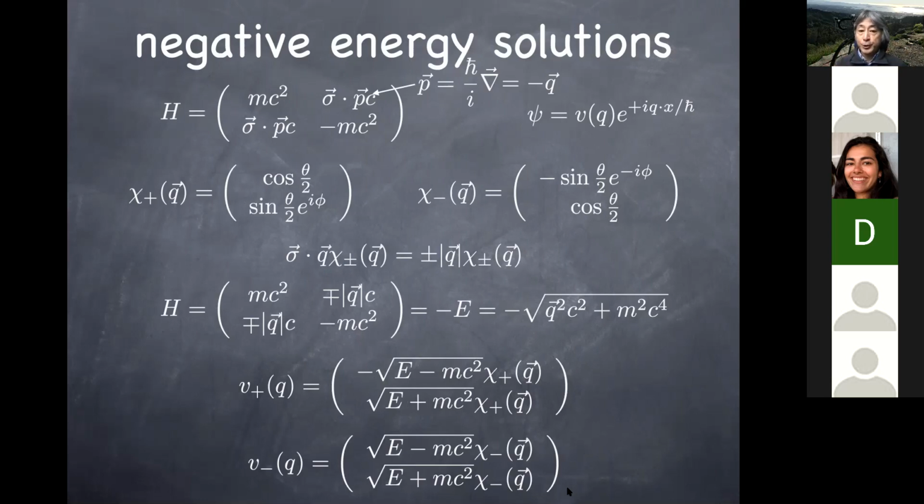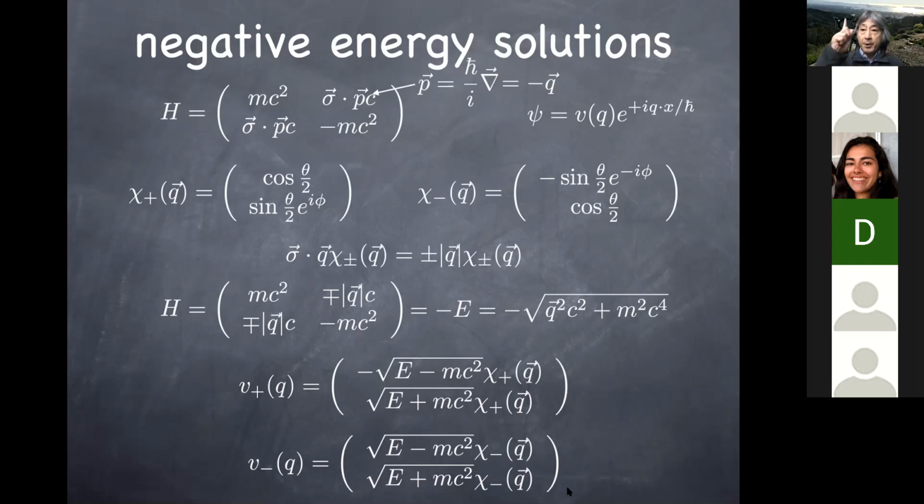I have two solutions with positive energies, with positive and negative helicity. And I have two negative energy solutions, one with positive helicity and one with negative helicity. And negative energy solutions have to be occupied, so they represent the antimatter solution to the problem. And therefore, at the end of the day, I have 4 degrees of freedom in the Dirac theory.